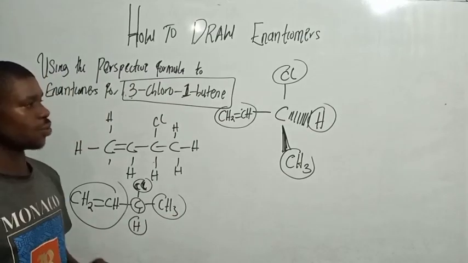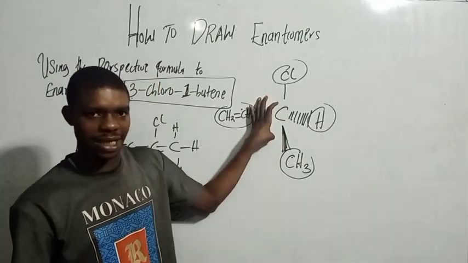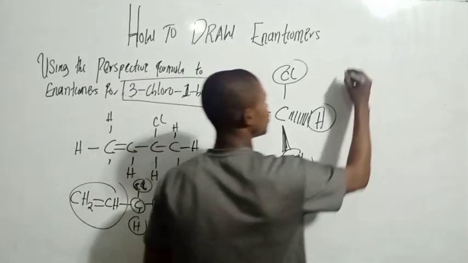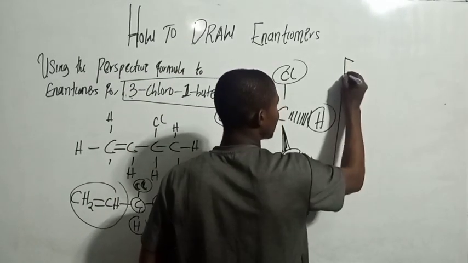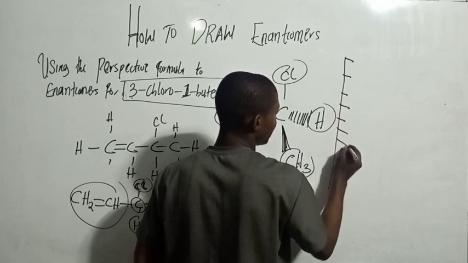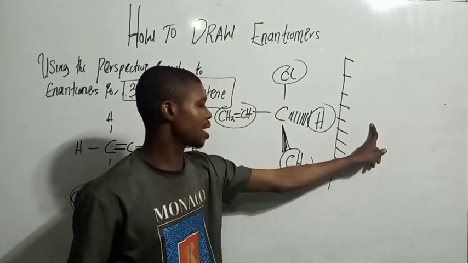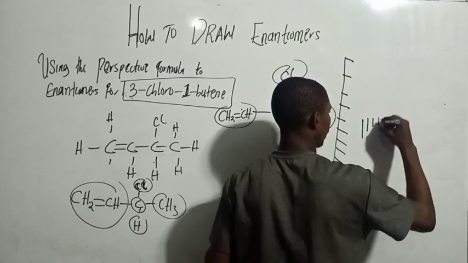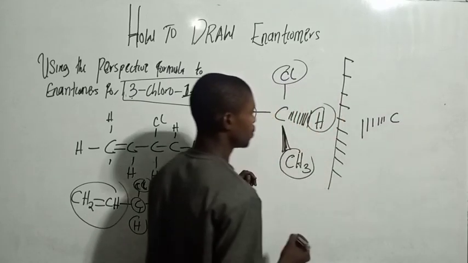The next thing you want to do here is draw the mirror image of this. How do you draw the mirror image? It's very easy. Now imagine that there's a mirror here. Bring it to the carbon. This is that.